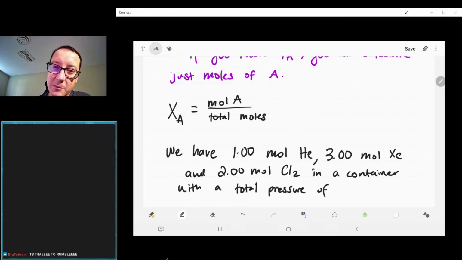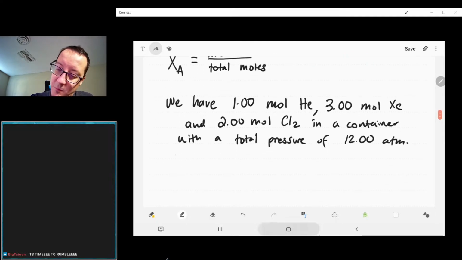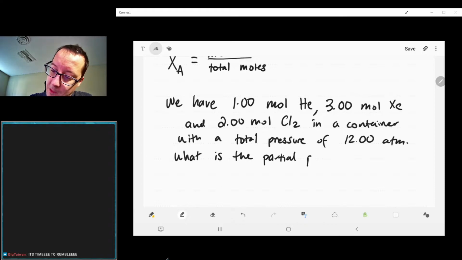We'll make these numbers easy. How about 12 atmospheres? We can see what the partial pressure of each gas is.